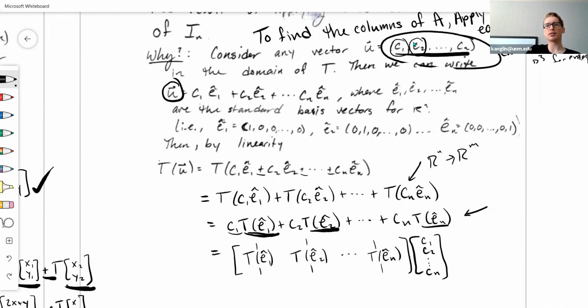So the image of each standard basis vector under T is a vector in Rm. So each of these columns is m by 1, and you have n of those.